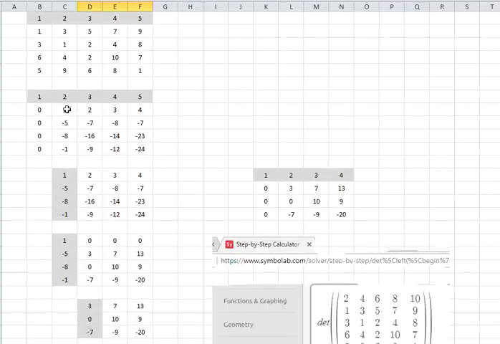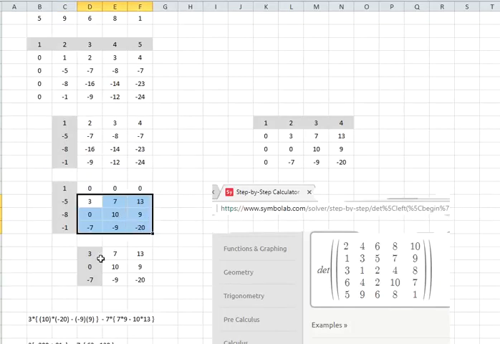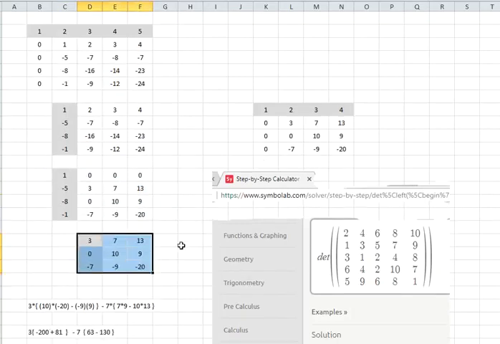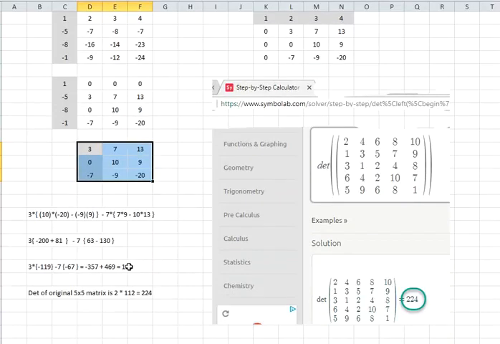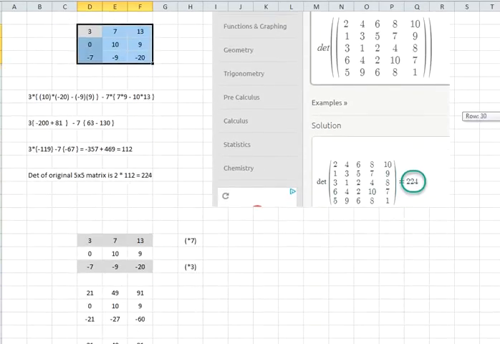Therefore, I could say the determinant of this is just 1 times this. I swept out the first row. The determinant of this is the determinant of this. Well, 1 times that is all I need. I figured this determinant out, which was 112, times the 2 that I pulled out up here. I get 224, which is the right answer.